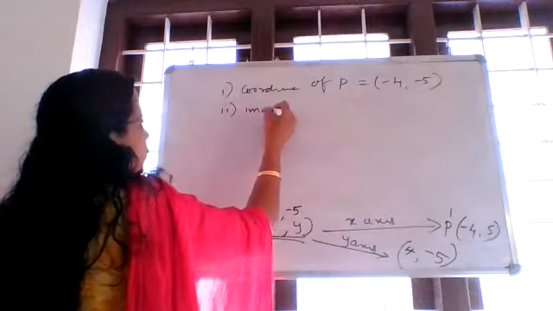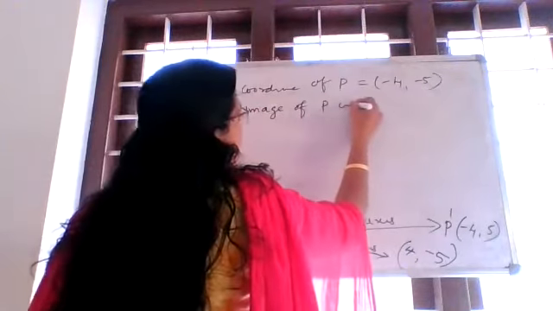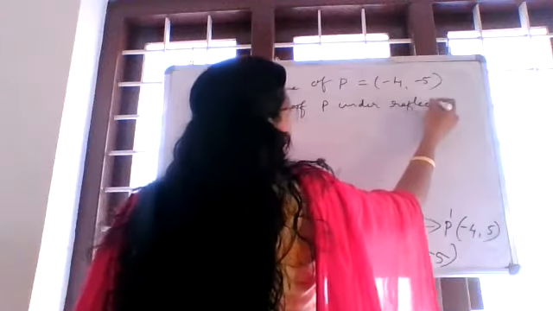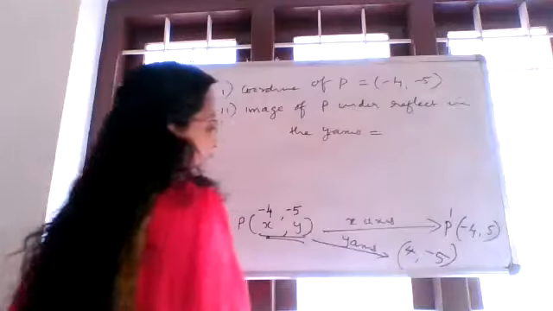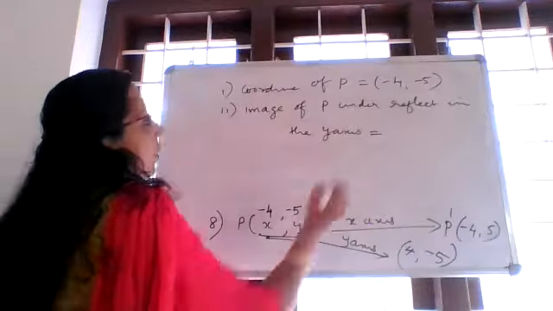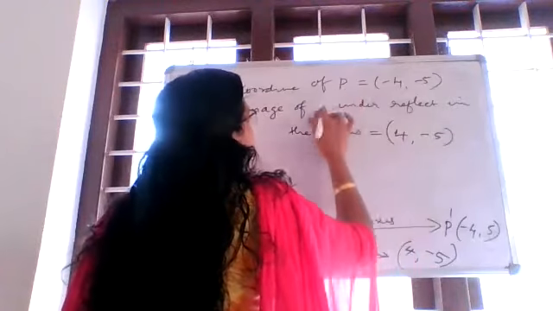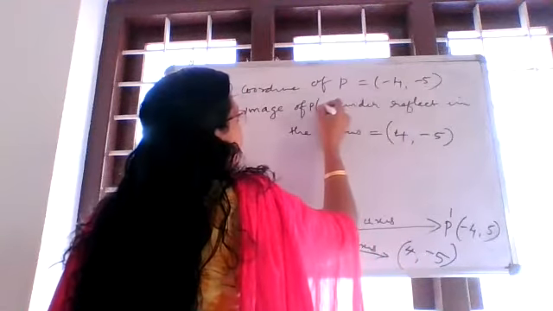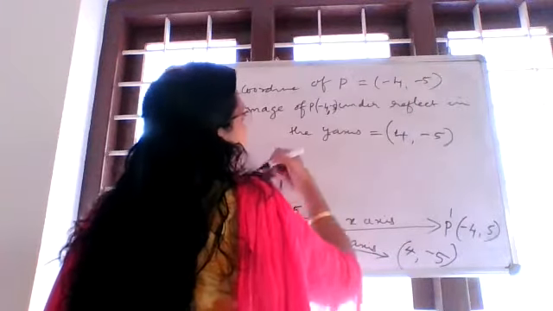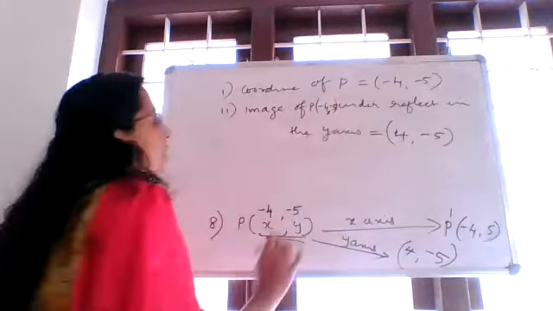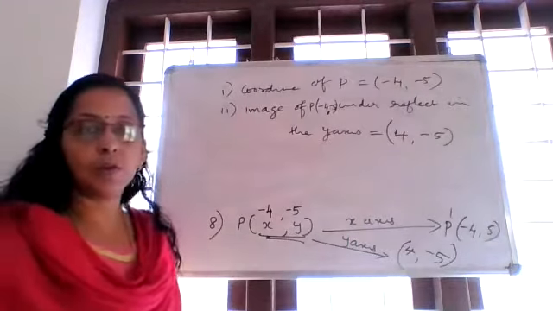The image of P under reflection in the y-axis is 4, negative 5. If you are getting any confusion, write it this way, or write P itself, negative 4, negative 5. So under reflection in the y-axis it will be 4, negative 5.